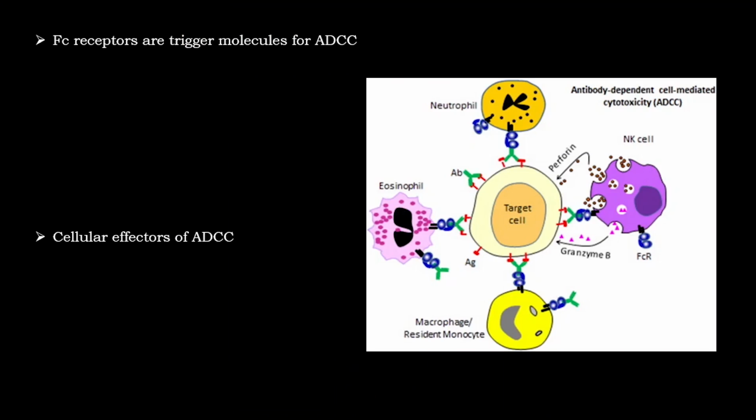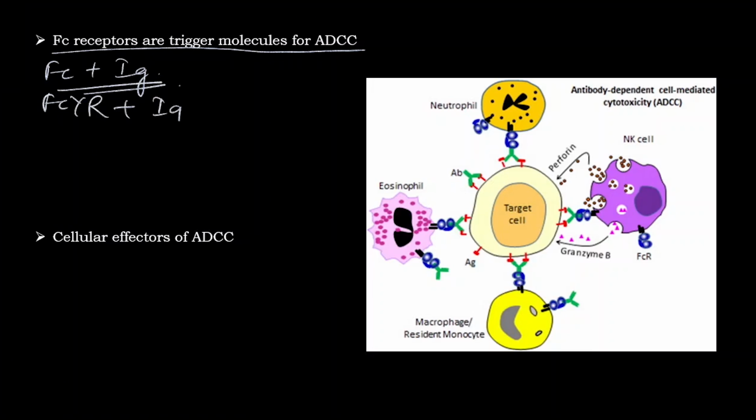So what are the receptors? Fc receptors are the trigger molecules for ADCC. Different receptors will bind with different immunoglobulin molecules. Fc gamma R will interact with IgG.